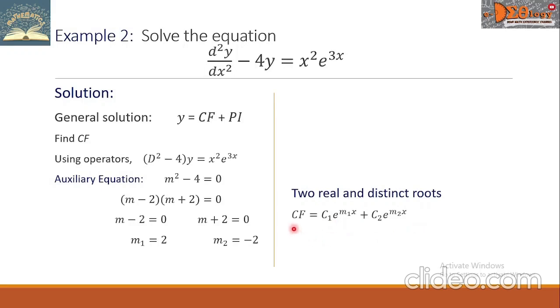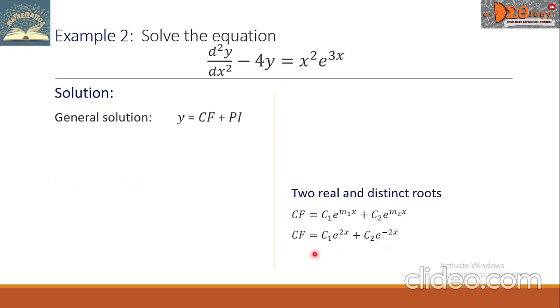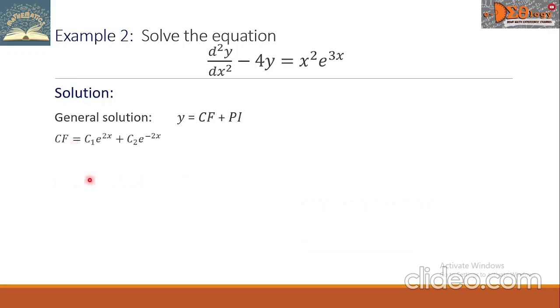Let us substitute the values of m sub 1 and m sub 2 respectively. So the CF now equals c sub 1 times e raised to 2x plus c sub 2 times e raised to negative 2x. Let us copy the CF somewhere here. Then let us solve for the PI.